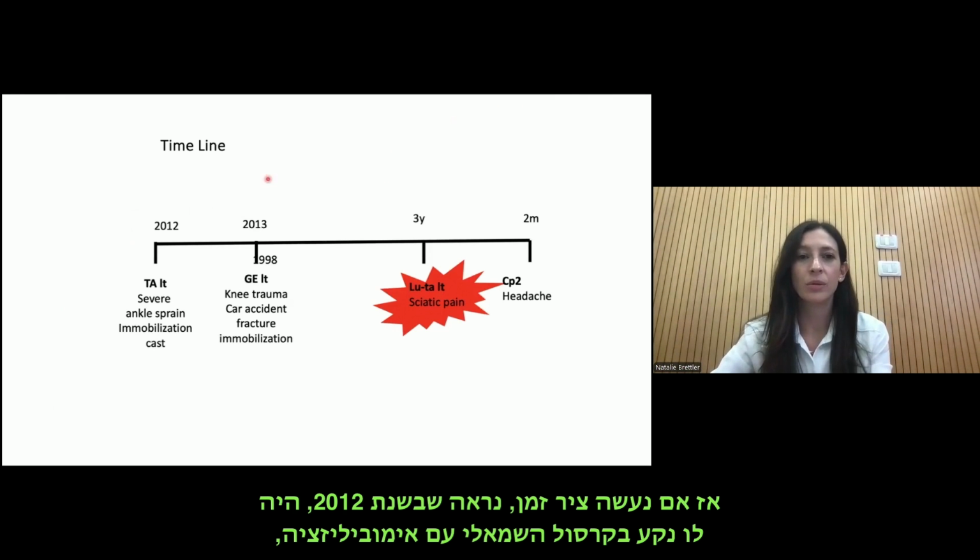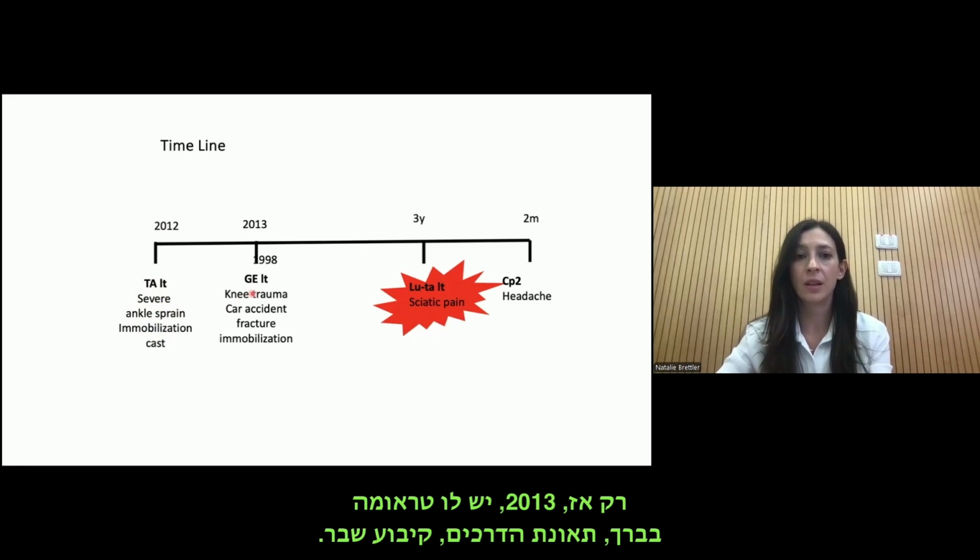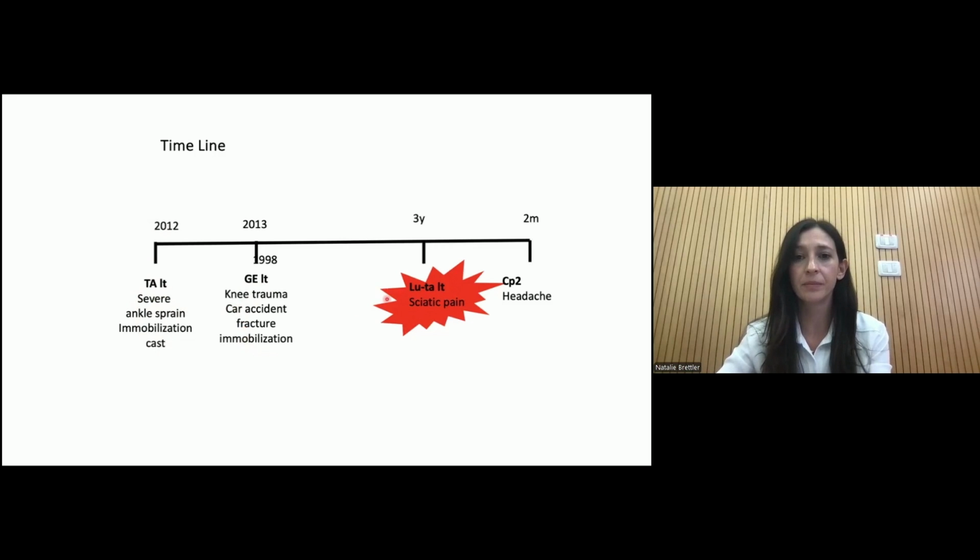So if we do a timeline, we see that in 2012, he had the severe left ankle sprain with immobilization, which is very important, creating densifications. Only then, in 2013, he had the knee trauma, the car accident, fracture, immobilization.